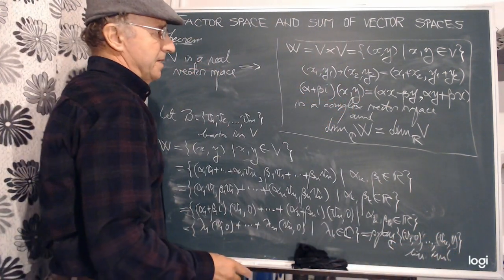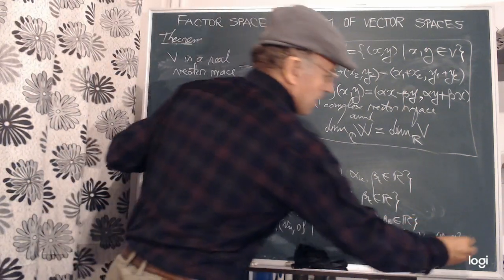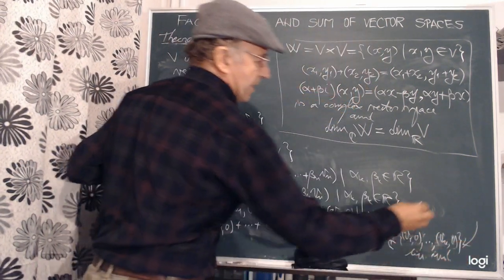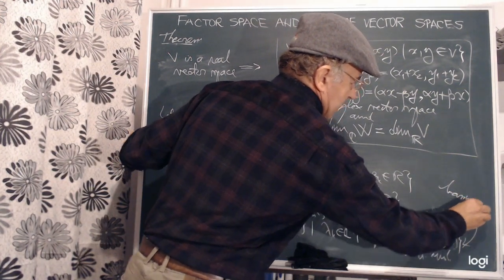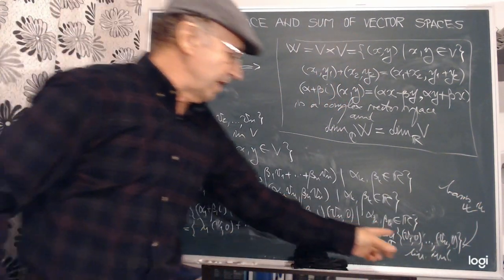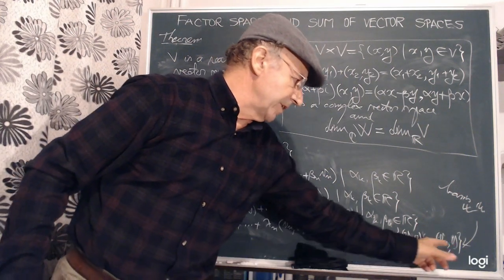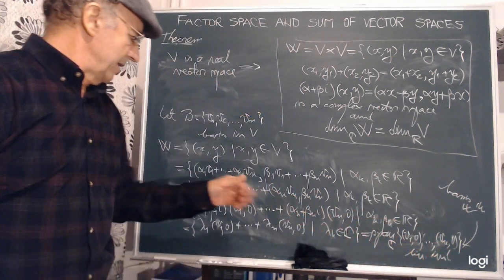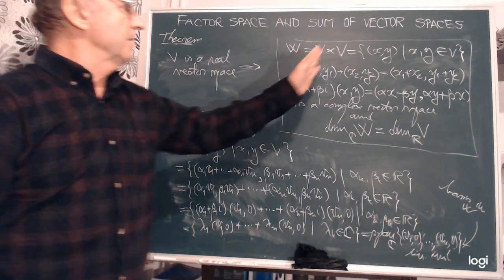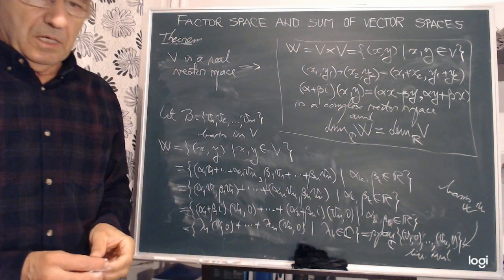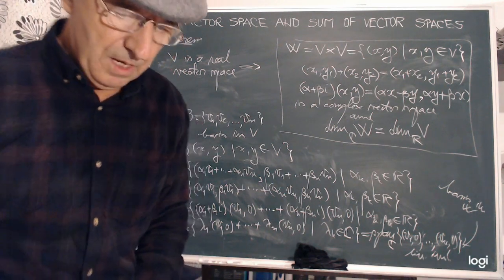It is a basis in W. We can prove that this is a basis in W. So we have here the same number of vectors, namely n, as in the starting basis of V. So the two dimensions are equal.